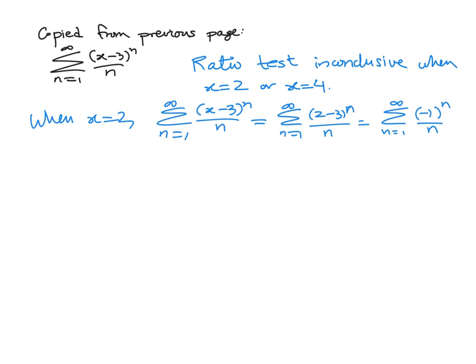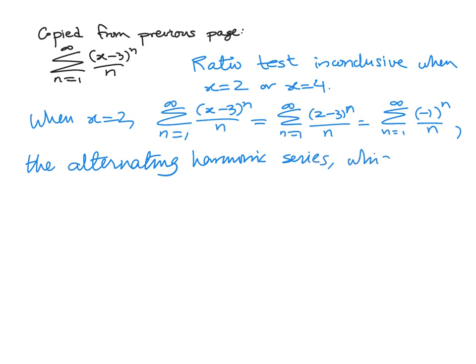Now, I've actually done exactly this series before. This was the alternating harmonic series, which we know converges. It does not absolutely converge, but it converges. So the alternating harmonic series converges.